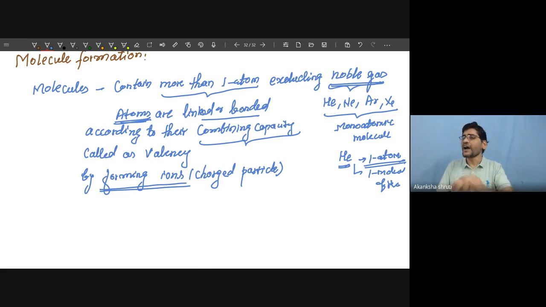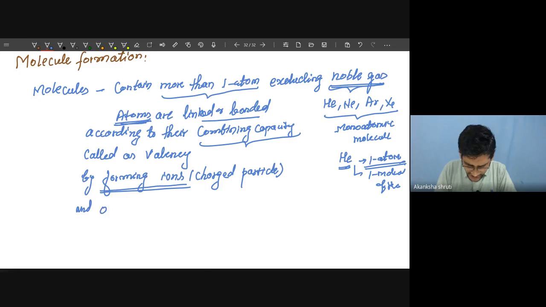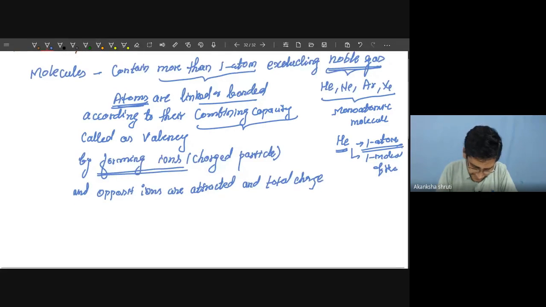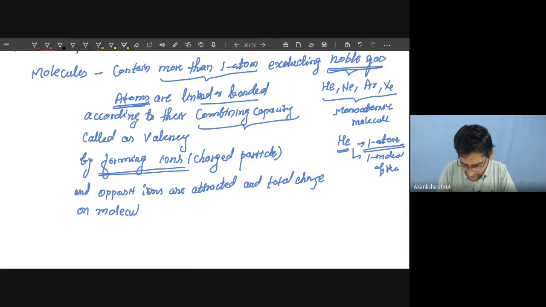For attaining the noble gas state, how much it is deficit, meaning how many electrons are required, is taken as its negative valency, and how many extra there are is called its positive valency. So by forming ions, or charged particles, opposite ions are held together, are attracted, and the total charge on the molecule gets neutralized.